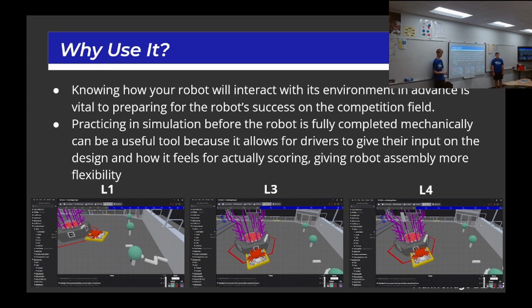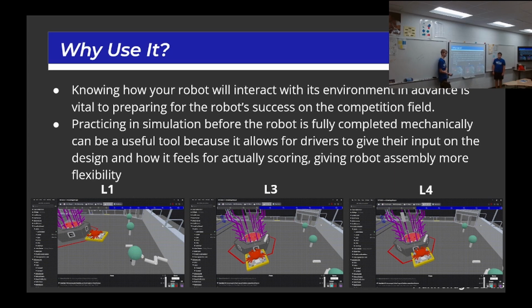So if your driver, for instance, hasn't actually tested the robot themselves yet for any reason, like it could not be fully built yet, or if you just need a quick test, having a 3D simulation of game pieces can be really useful for being able to know how your robot's going to perform in a more realistic setting than just passing through walls or not interacting with game pieces like usual.